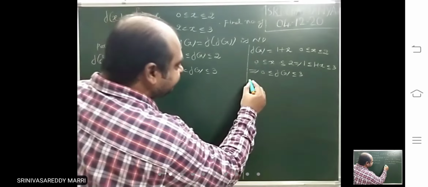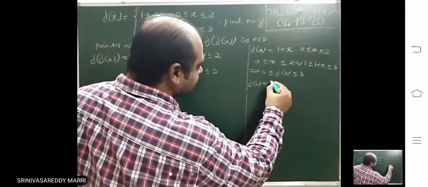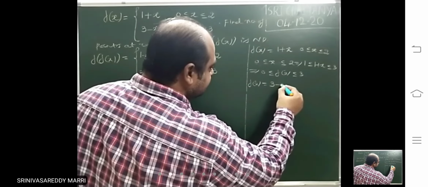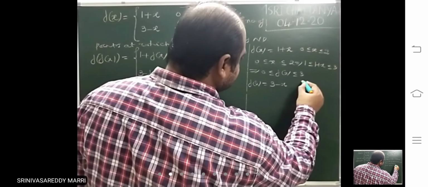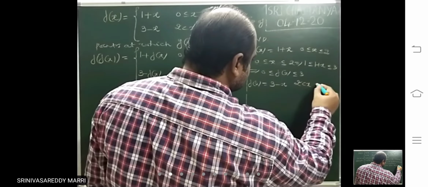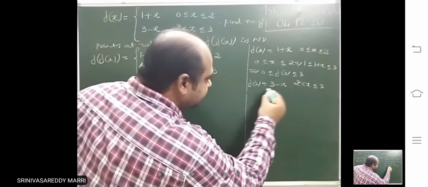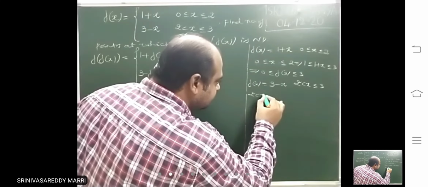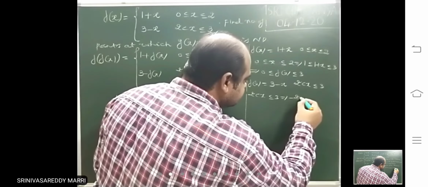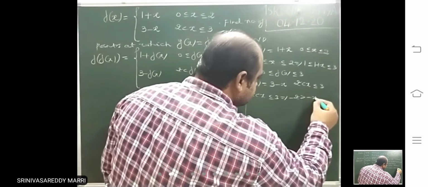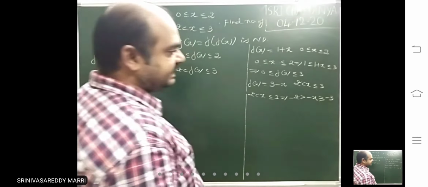So next, if this is the f of x, 3 minus x, for x from 2 to 3. Then, if x lies between 2 and 3, minus x lies between minus 3 and minus 2.